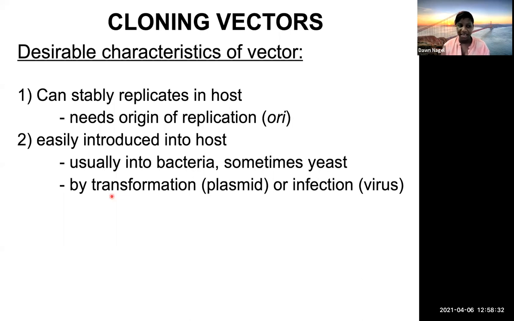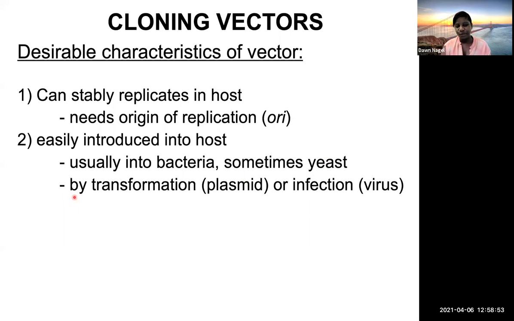You need to also be able to easily introduce these vectors into a host. Most of what we talked about is introducing them into bacteria. You can also use these similar vectors to introduce into yeast cells.